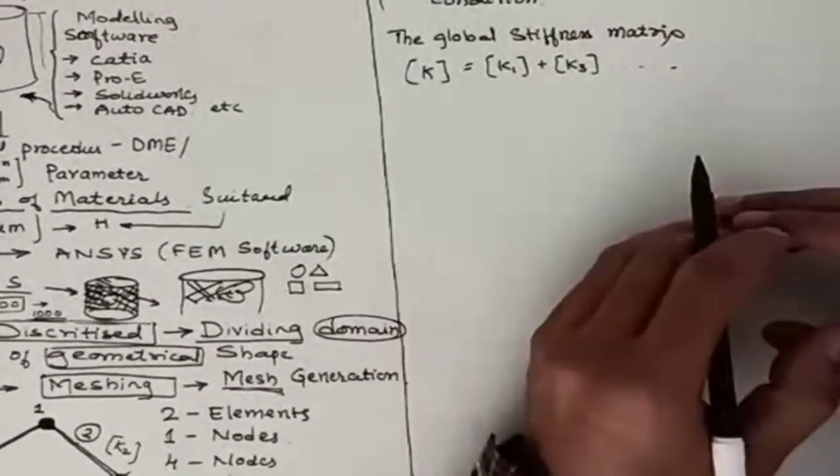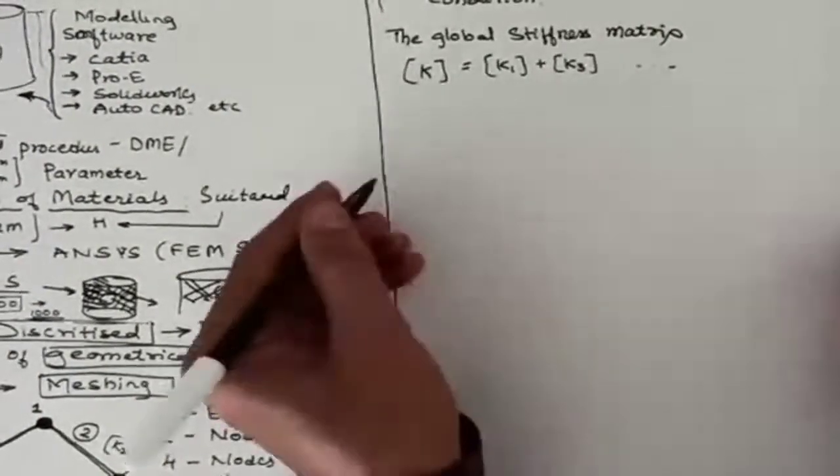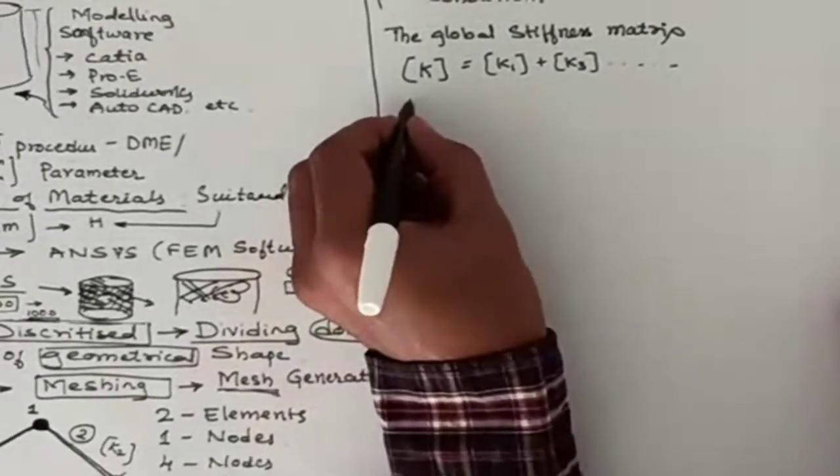Once the global stiffness matrix is formed, we make the finite element equation.